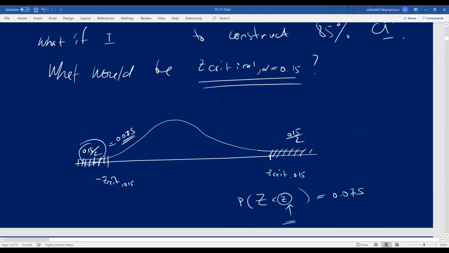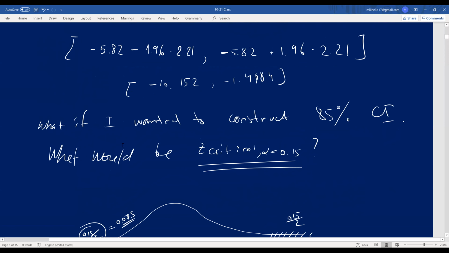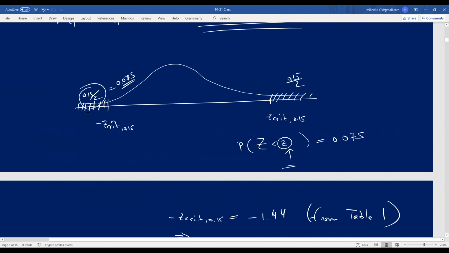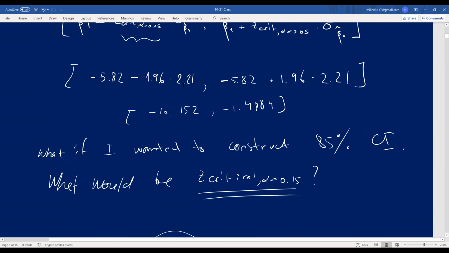So if I wanted an 85% confidence interval, how would you calculate that? Everything would be the same, but instead of 1.96, it would take 1.44. And here as well. So guys, am I clear? Please let me know, and others too, because you may see problems like this in the exam.